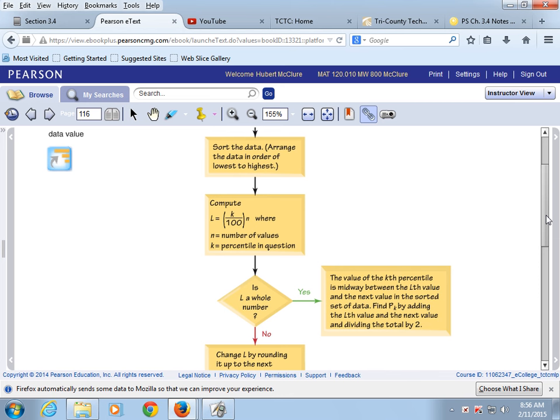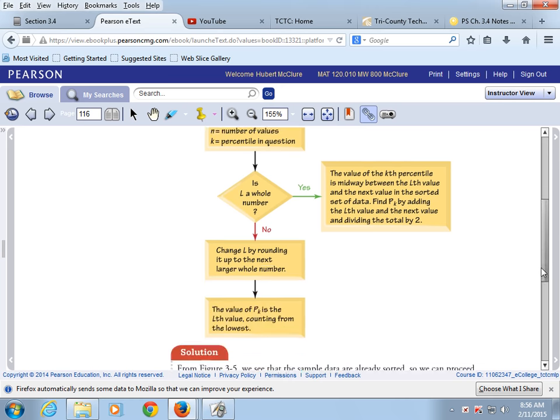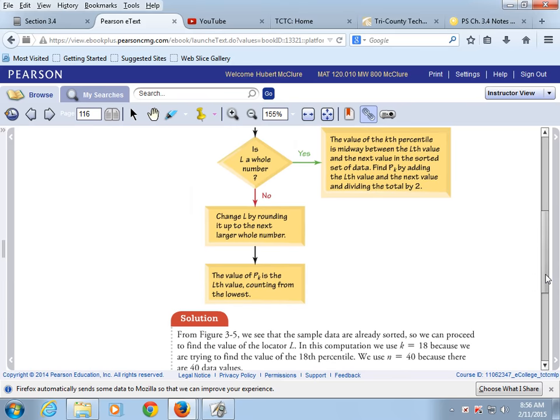What happens if L is a whole number? When you count to that number. What happens if L is not a whole number? Write that down. You round up to the next number and you count to that number. I don't care if it's 7.01.